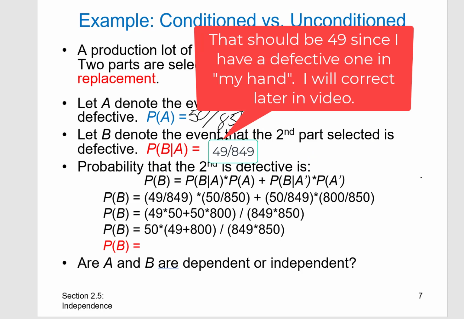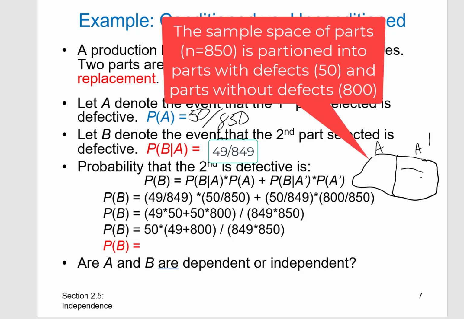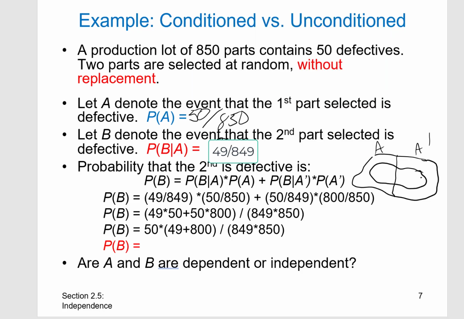So using that law of total probability, remember, we have event A. Either we're going to have a defective part or not a defective part, okay? You could either choose a defective part on that first pick or not a defective part, which your sample space has the defective parts and not defective parts. B is the event that the second part picked is defective.